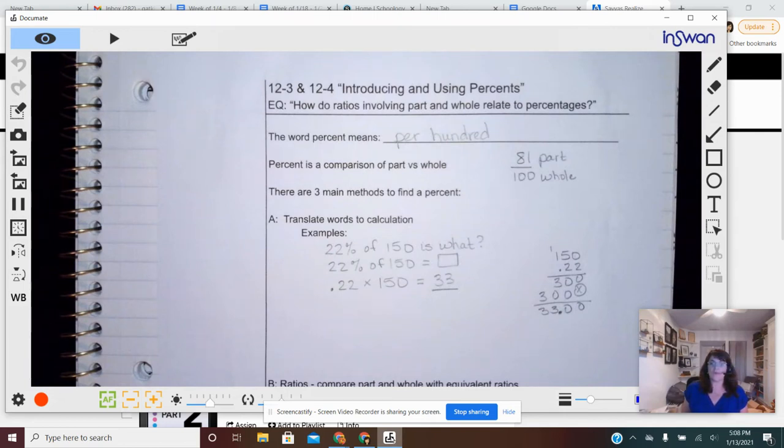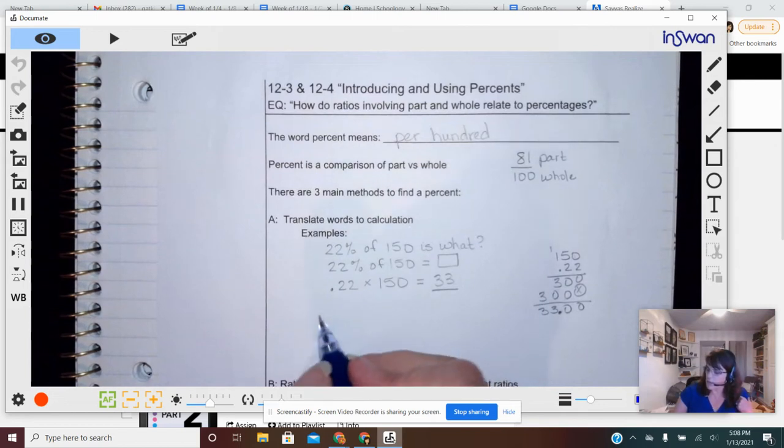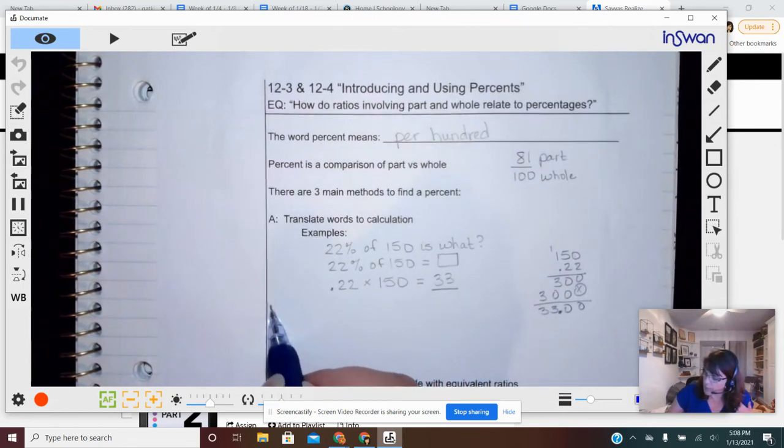Well, what if I know the percentage and I maybe know what I paid, but I don't know what the original was? So we're going to look at that one.